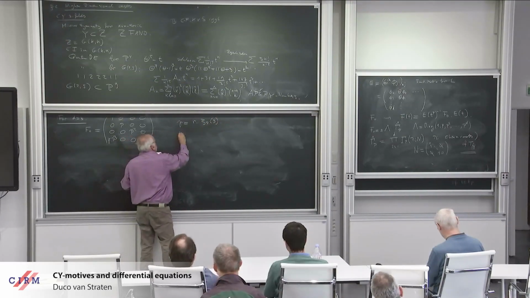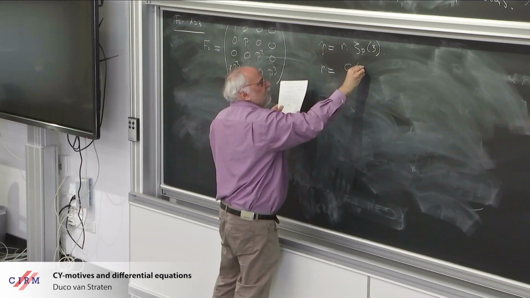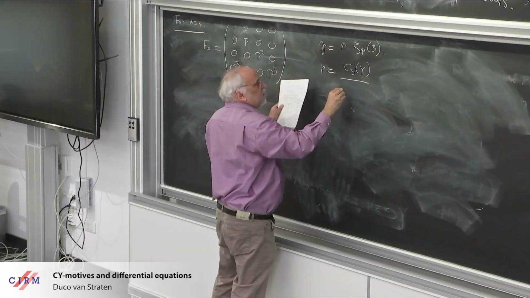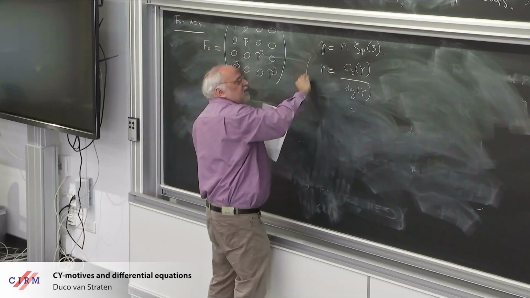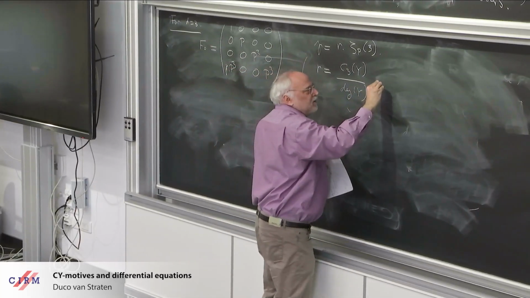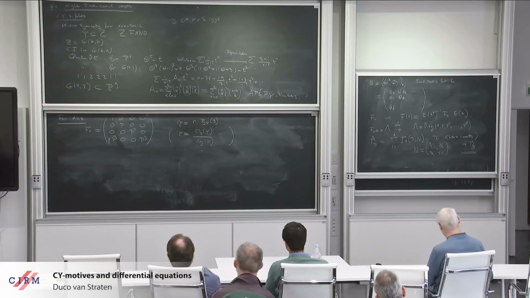And the rational number is the third Chern class of Y divided by the degree of Y. But this is if the operator arises in that way.